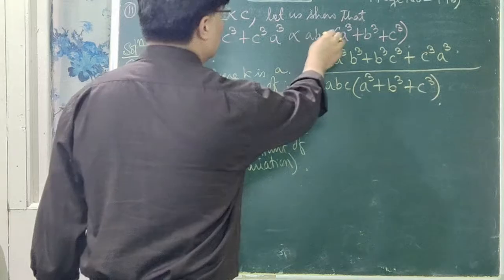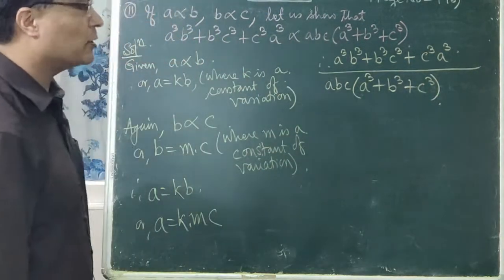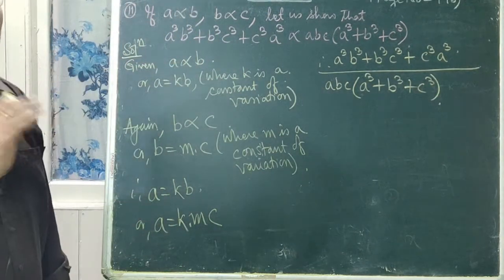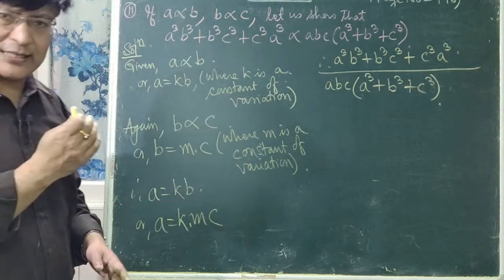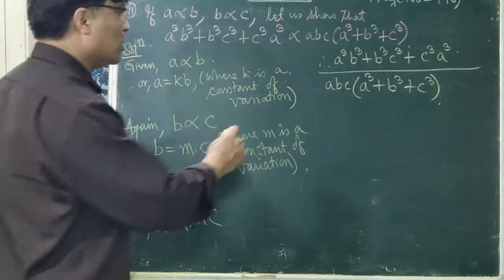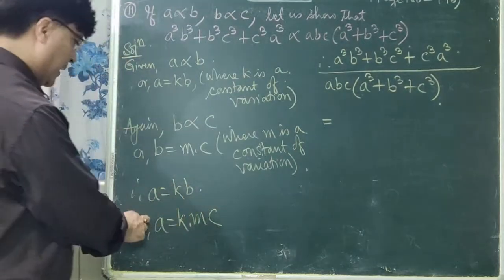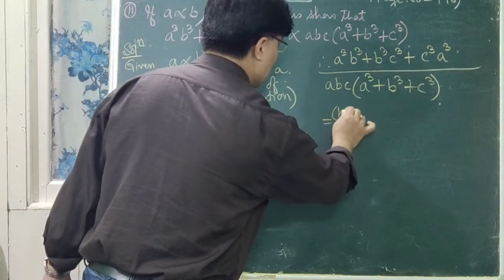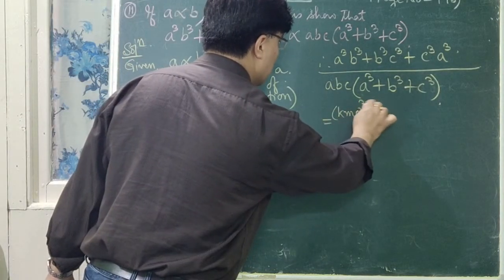In order to prove this relation, let us get the value of this fraction, that is LHS divided by RHS. So you can put the values here. What is the value for A? KMC whole cube.